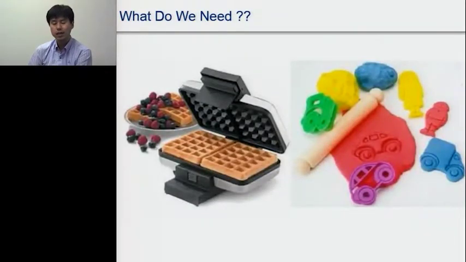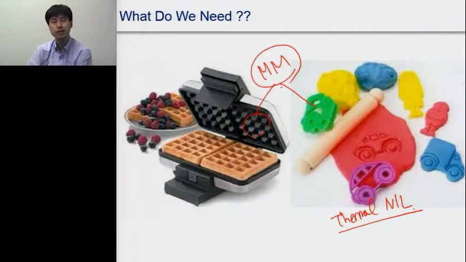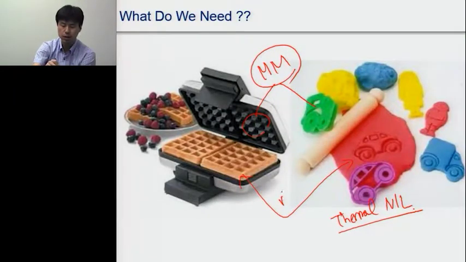So what do we need for the thermal nano imprinting process? It is very similar to making waffles or playing with Play-Doh. We need a master mold, which has the physical design we want to transfer. Then we want some kind of material, in this case a thermoplastic.